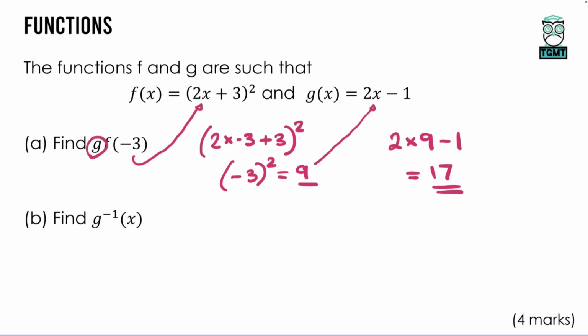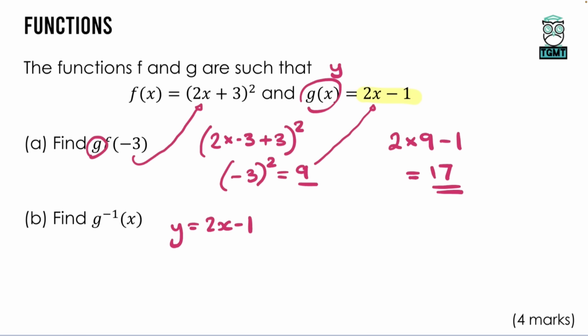For part B, we have an inverse function. This is quite a nice one, as our g function is quite a simple one. But the process that I use is to swap g of x for the letter y. The only reason for that is it's easier to do the following step, but you can use your own method if you've learned a different method to this. So I write the function as y equals 2x minus 1.